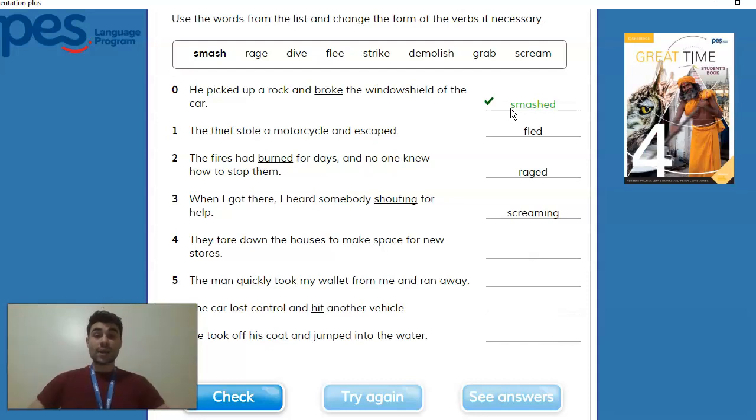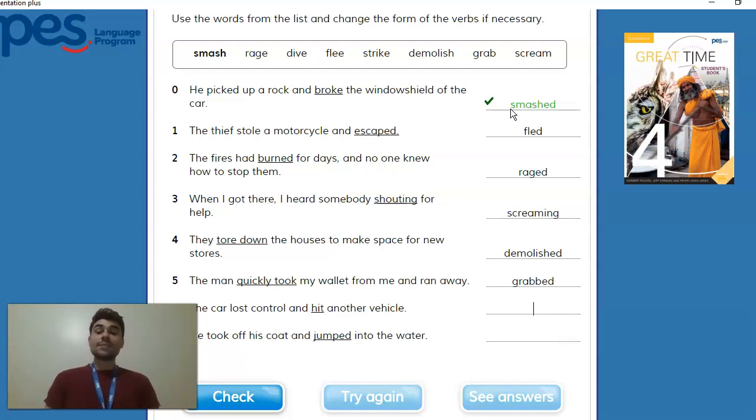If they tore down, they destroyed. They demolished the houses. 5. The man quickly took my wallet from me and ran away. Which one is to take something really quickly? Grab, right? So the man grabbed.